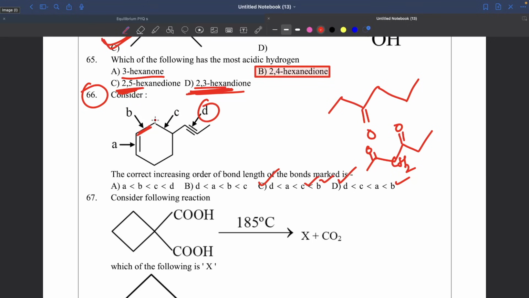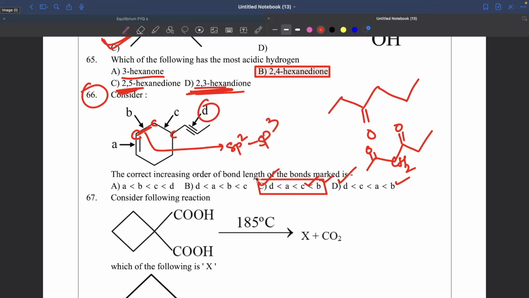So this CC bond is between two sp3 carbons, whereas this CC bond is single bond, of course, but this bond is formed between sp2 and p orbital. So sp2 and sp3 orbitals, that's why. So this one is going to be longest. So C is the answer.